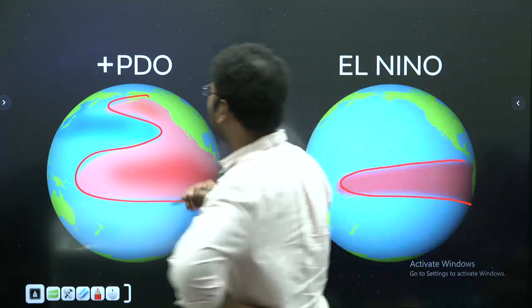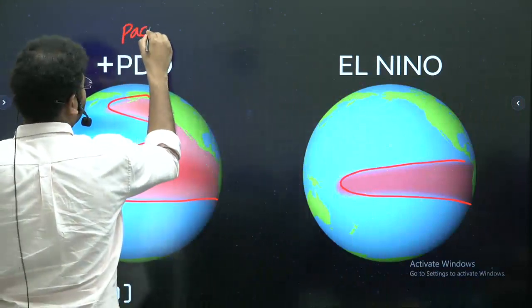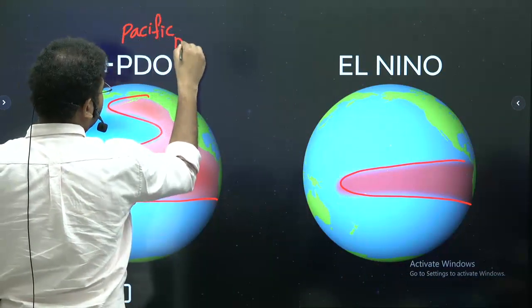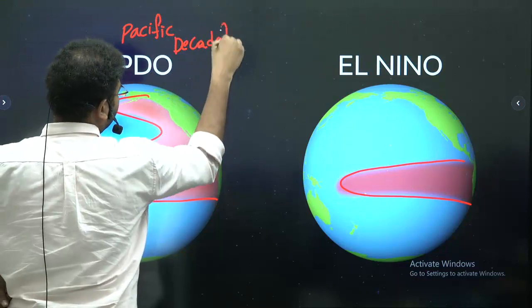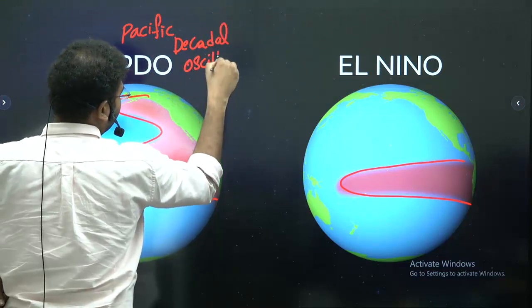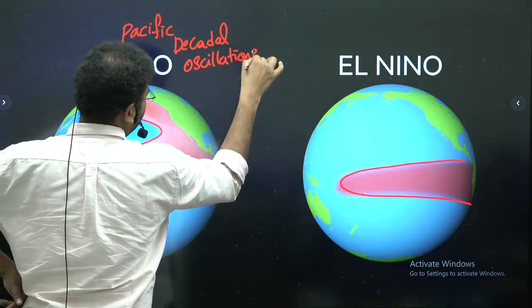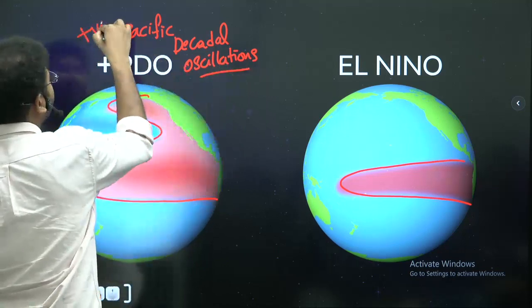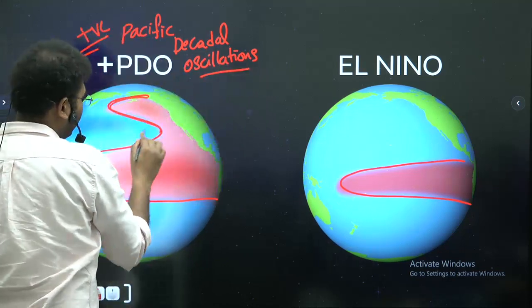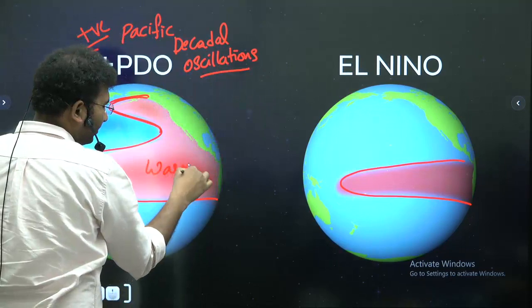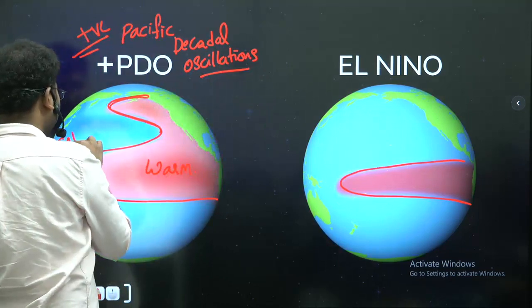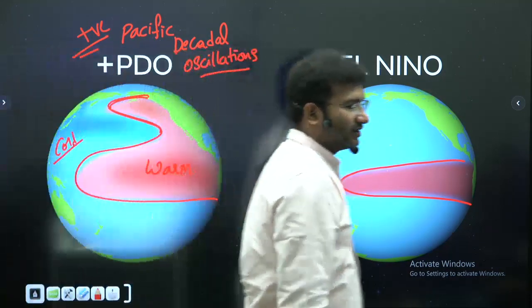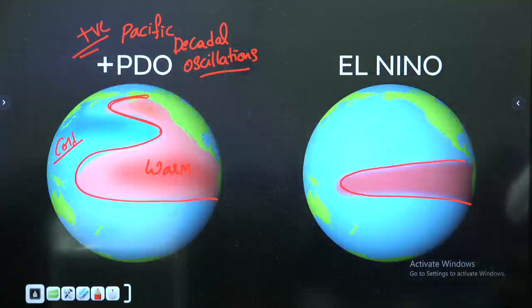Okay? This is positive when you have warm water on the east and cold on the west. It is also similar to the extension of El Nino into the Pacific Ocean.